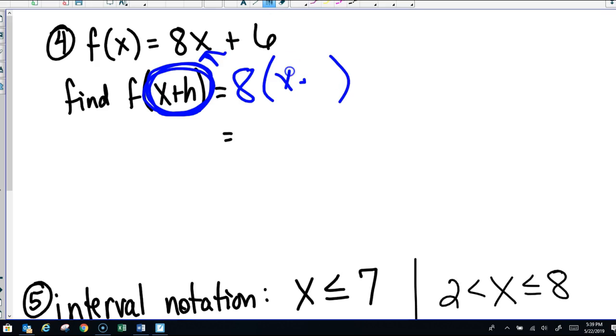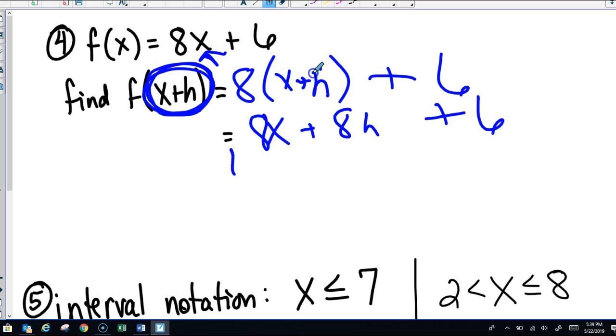Come on, pen. Yep, I have difficulties like this in the classroom sometimes too. Alright, and then plus 6. So now I'm going to distribute, but not to the 6 because it was not inside the parentheses, and none of those are like terms, so that would be that. So whatever is right there behind the name of the function is what you're plugging in, whether it's just a simple number or an algebraic expression.